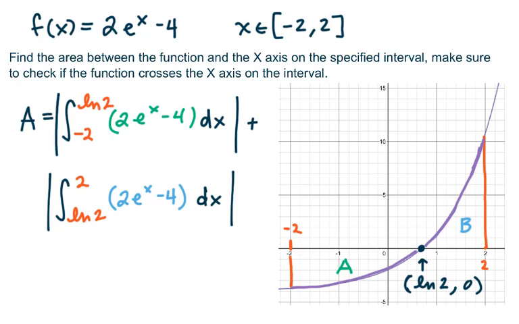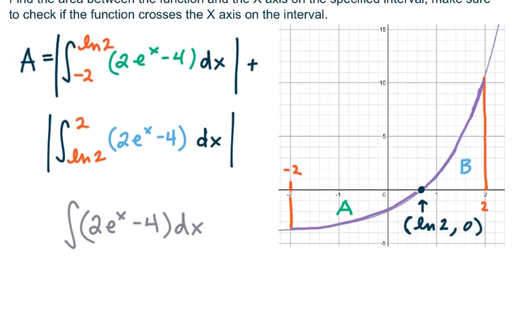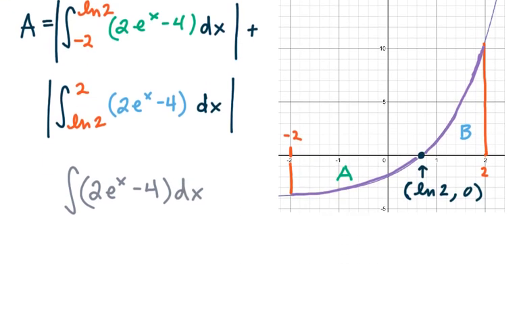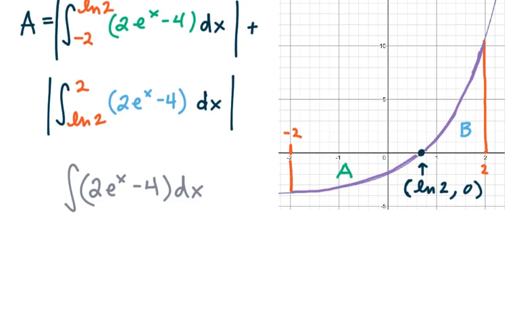Integrating this, if we look at some scratch work here, and we look at integrating just 2e to the x minus 4. Well, we know that the integral of e to the x is e to the x, and the integral of 4 is going to be 4x. So when I evaluate just that integral, I know I'm going to get 2e to the x minus 4x.